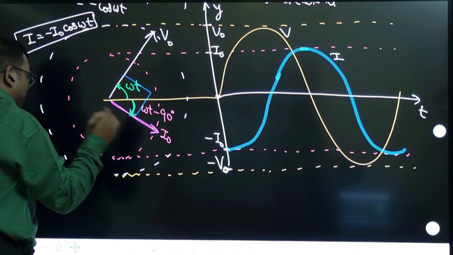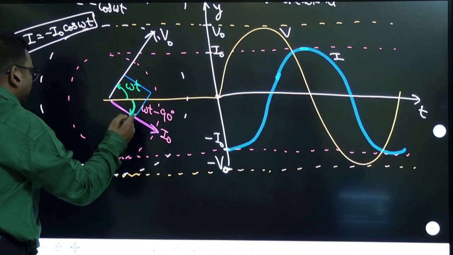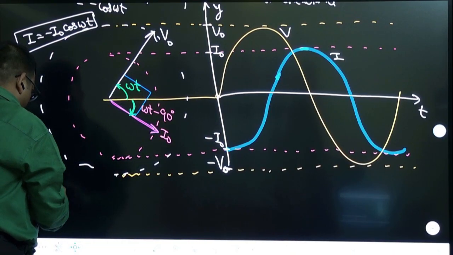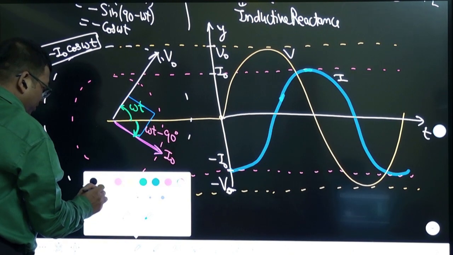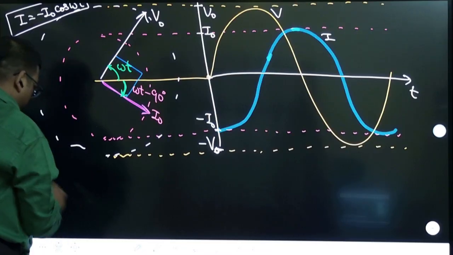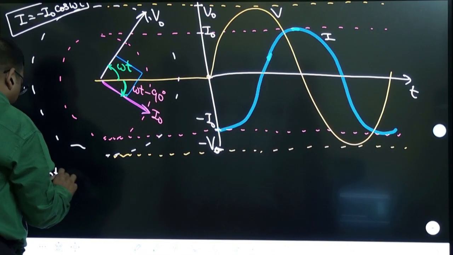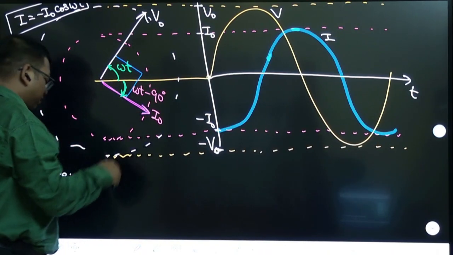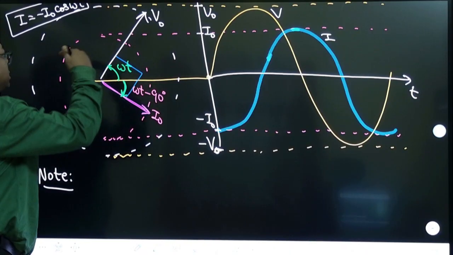In the phasor diagram, we can clearly see that this angle is 90 degree below that. So you can note this point that current and voltage now they are not in phase, right? It is 90 degrees. So current is behind, voltage is ahead.